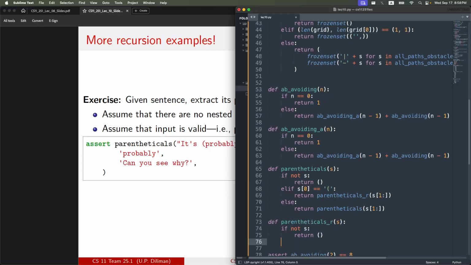return empty tuple. Otherwise, if we encounter the closing parenthesis, how do we do this?